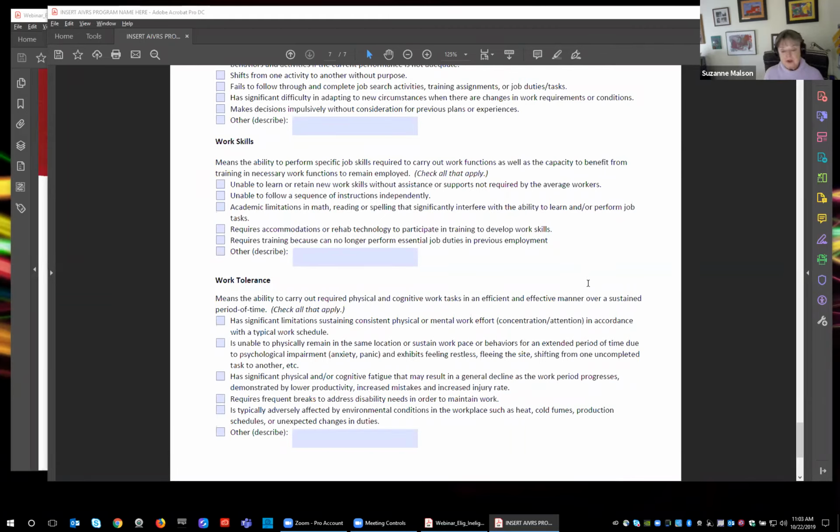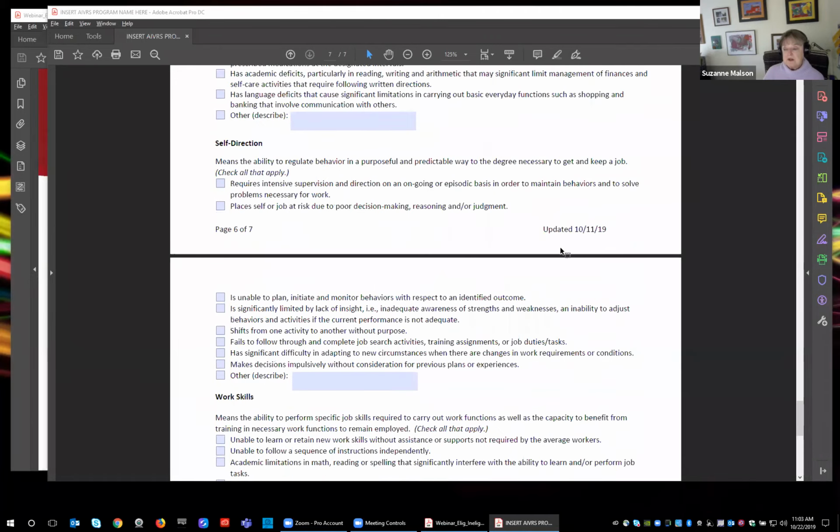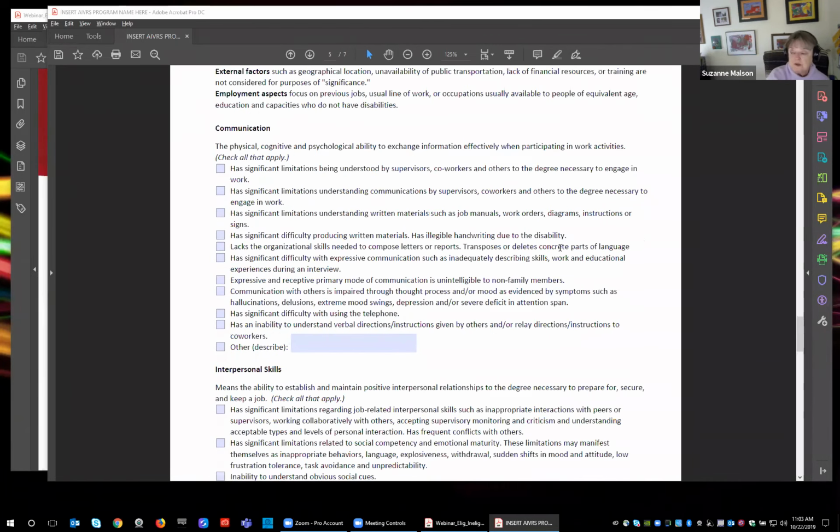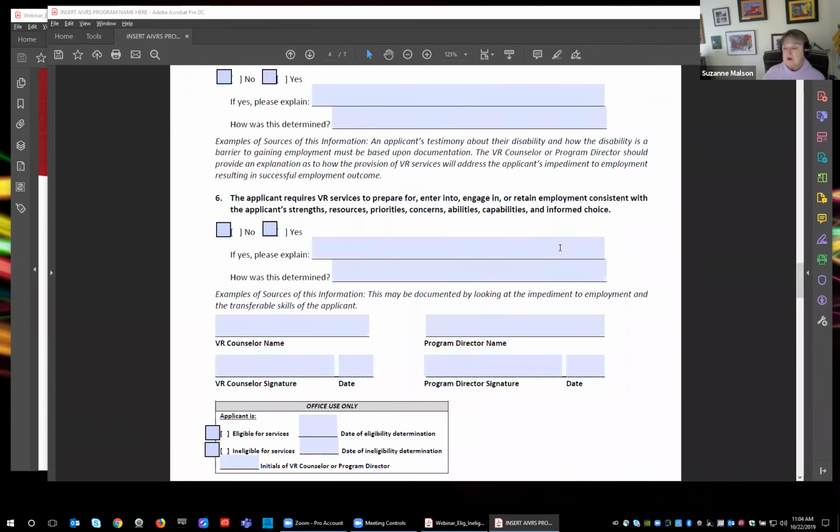First, I'm going to put out a question about number 6. The criteria, someone had requested that this be read again. Number 6: the applicant requires VR services to prepare for, enter into, engage in, or retain employment consistent with the applicant's strengths, resources, priorities, concerns, abilities, capabilities, and informed choice.